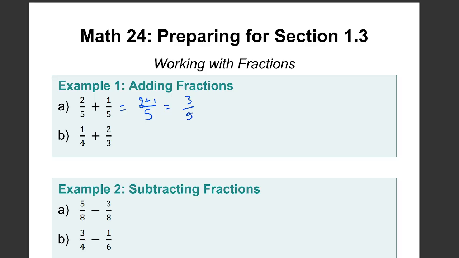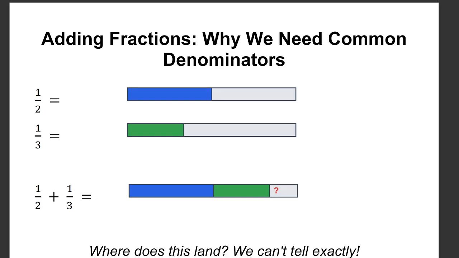Now, when my denominators don't match, so here I have a 4 and here I have a 3, that's when we have to do a little extra work in order to be able to solve this problem. So we're actually going to go over to a little visual guide to help us. Let's say for this problem, we're trying to do 1/2 plus 1/3.